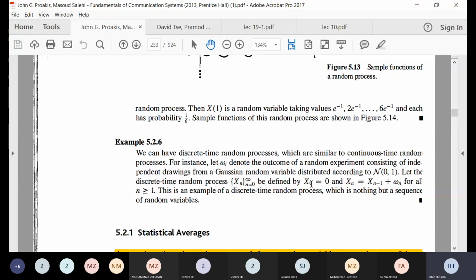So I define my random process as follows: at time 0 it is 0, but at any time n it is equal to the previous value plus the random variable drawn from the normal distribution, where omega is a normal random variable.